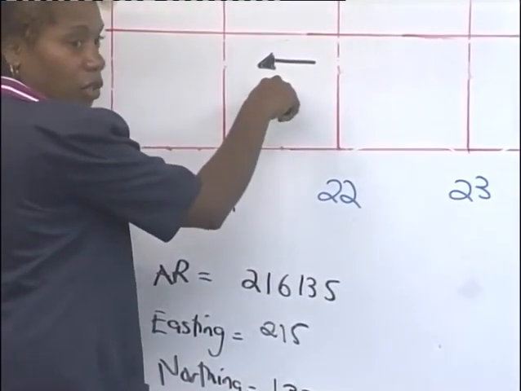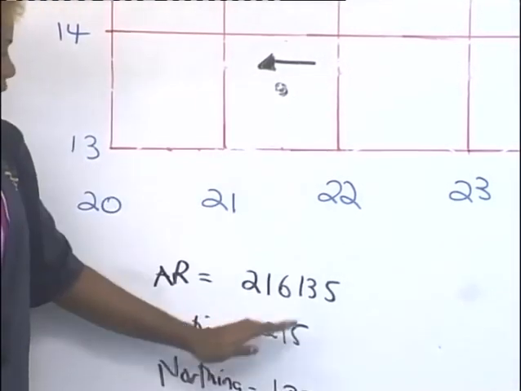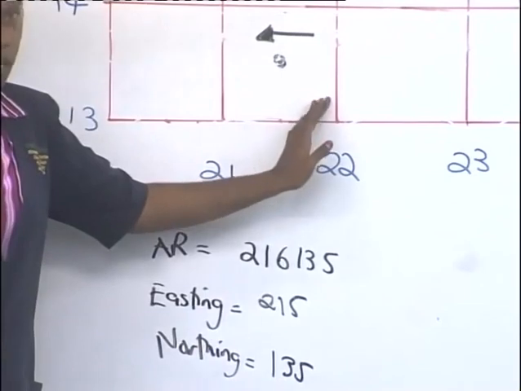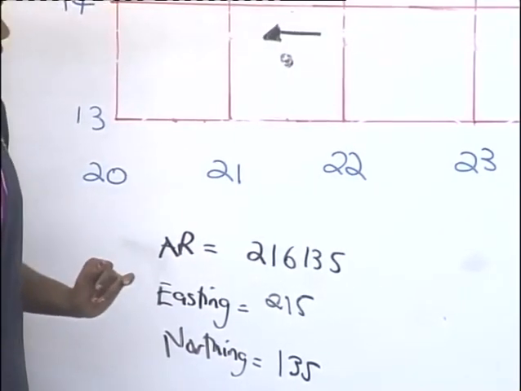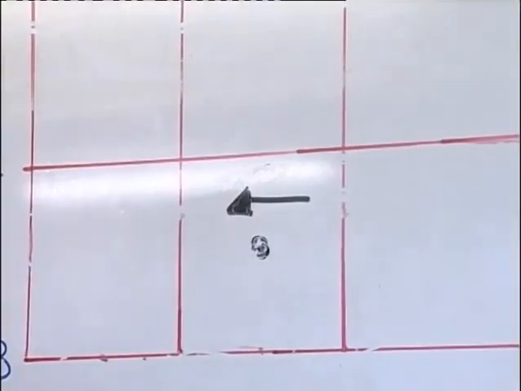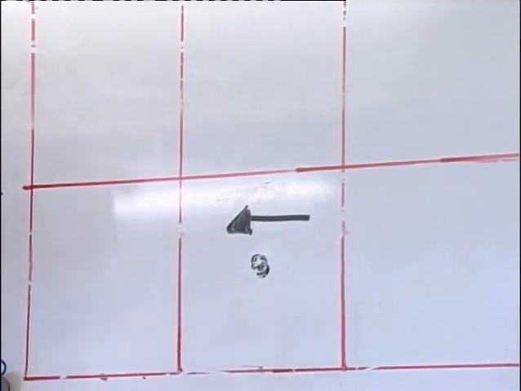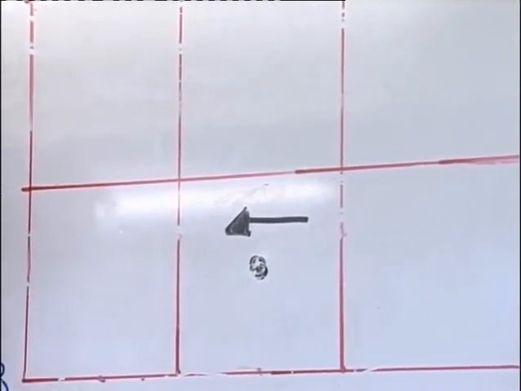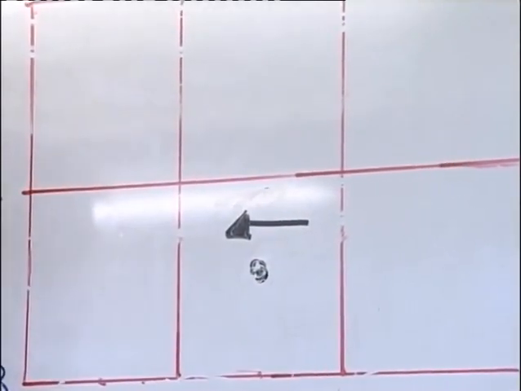I'm trying to put this dot right in the middle so we can have it 5 tenths across the square and 5 tenths up the square. Maybe if you see it from there, I don't think it's right in the middle, but let's just say it's in the middle. We want to make sure it's half the square.